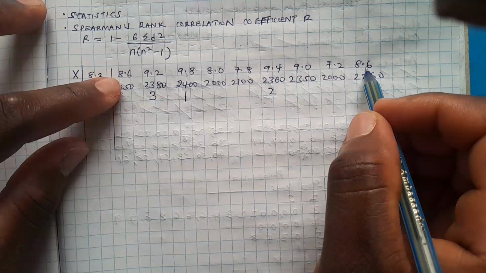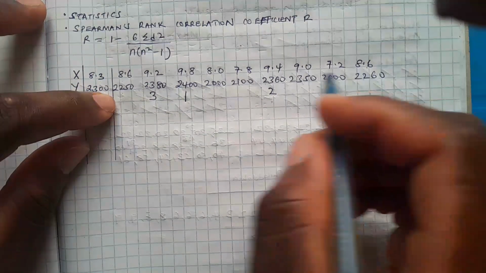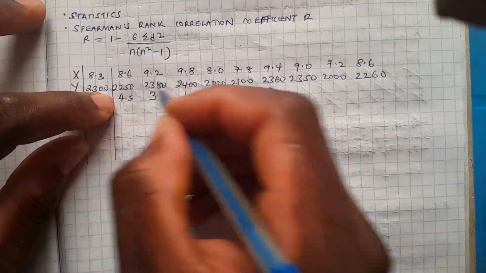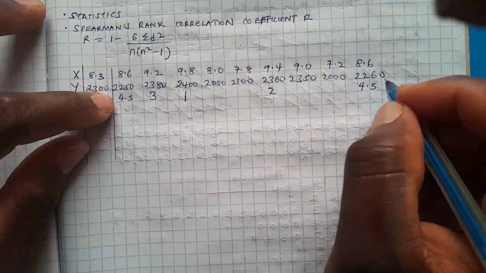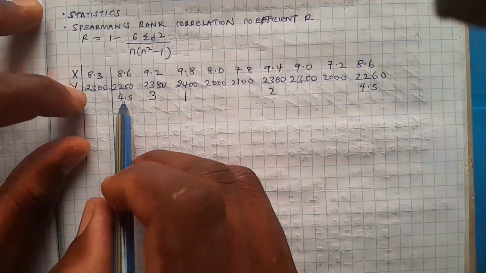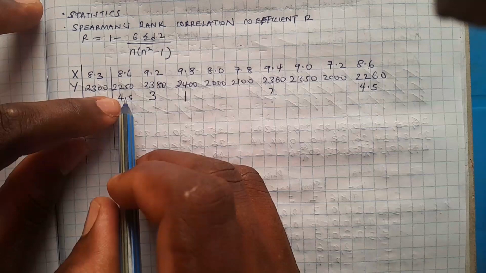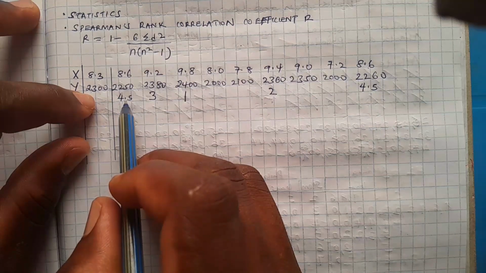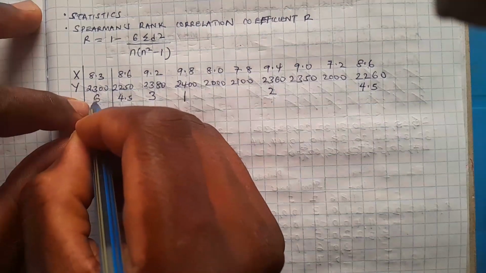If you add 4 and 5, that is 9. You find the average, and the average is 4.5. Now this will be assigned rank 4.5, and this will also be assigned rank 4.5. Now the fourth and the fifth rank have been occupied. Now the next rank will be rank 6. We have 8.6. We proceed. We will now have 8.3. 8.3 will now occupy the sixth rank.